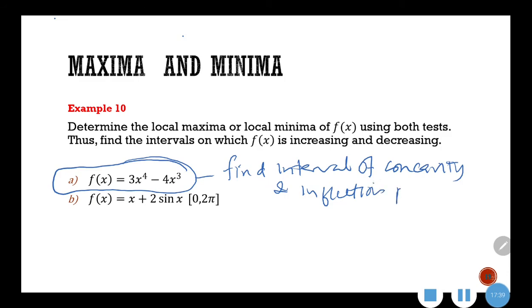Okay, and inflection points only for 10A.